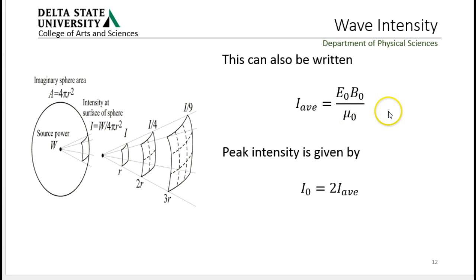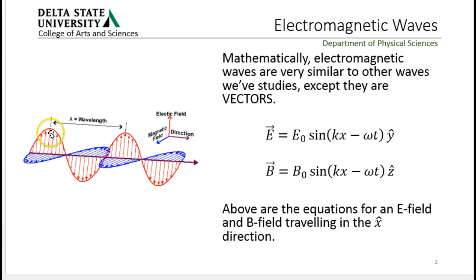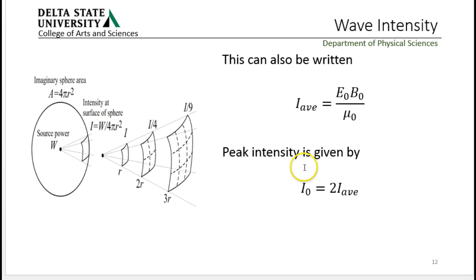All right. Finally, the peak intensity. Since the electric field strength and the magnetic field strength go up and down together, their product, which is going to give us the intensity, also goes up and down.